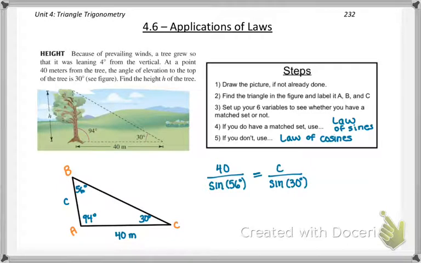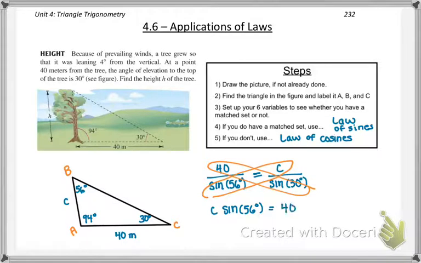Okay, and then make sure that when you're doing this your calculator is in degree mode, and then we're going to cross multiply. So C times the sine of 56 equals 40 times the sine of 30 degrees.